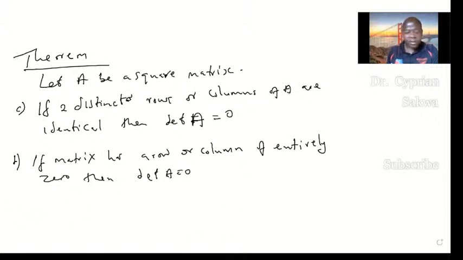Then the last part of this theorem, part E, says that if a multiple of a row is added to a different row, or if a multiple of a column is added to another column, then the determinant of the resulting matrix would be the same as the one of the original matrix.